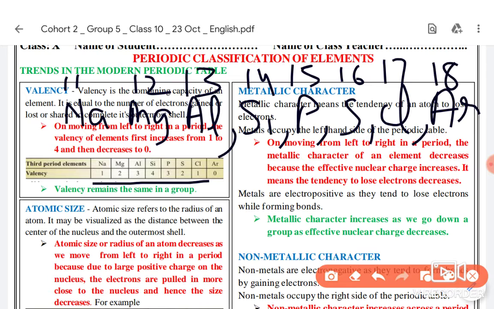So you can see when we write their electronic configuration, sodium is 2,8,1. Magnesium is 2,8,2, aluminium 2,8,3. Let us write it in another way.